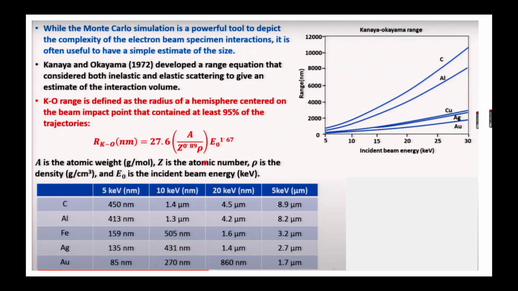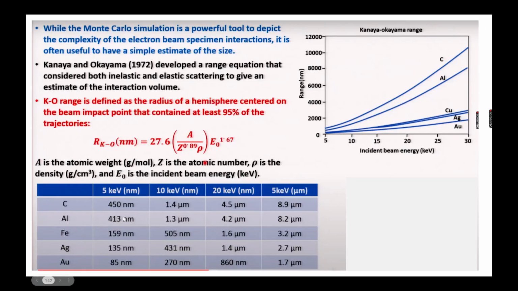of the interaction volume. Okay, so for example, as you can see in the table below, suppose I keep any atomic number constant. For example, I will be taking aluminum. Okay, and if I increase the voltage, suppose 5 kilo electron volt, 10 kilo electron volt, 20 kilo electron volt, and so on, I think up to 50.